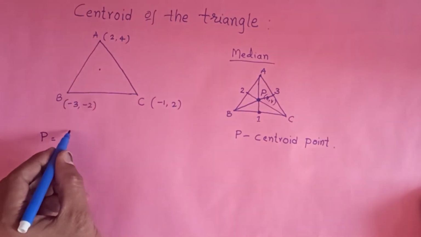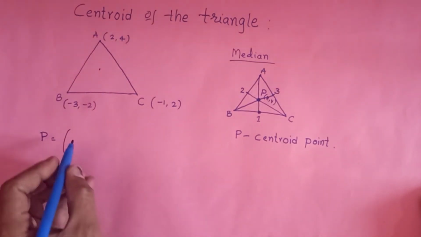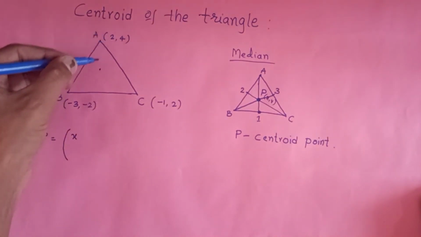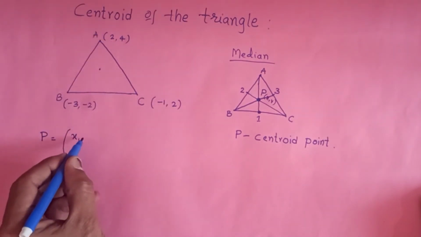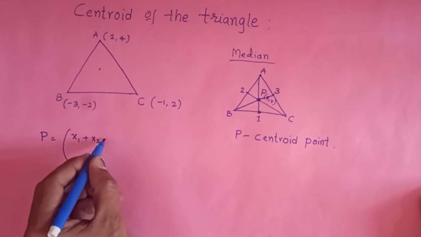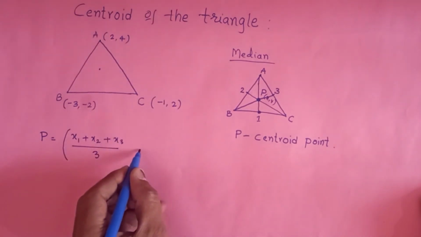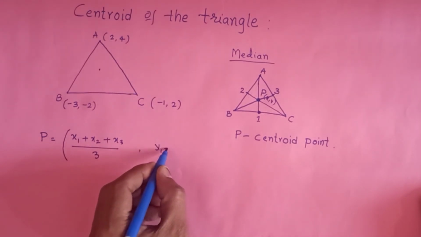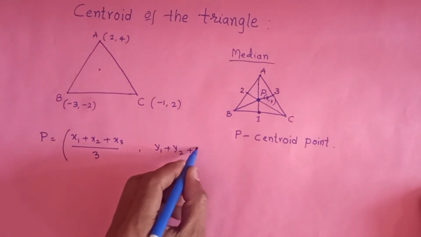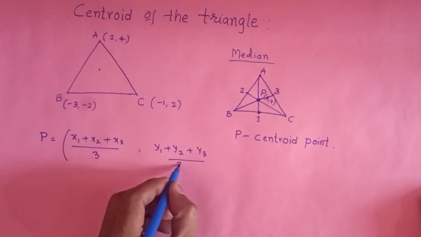The equation you have to remember is, since there are 3 coordinates, x1 plus x2 plus x3 by 3 and y1 plus y2 plus y3 by 3.